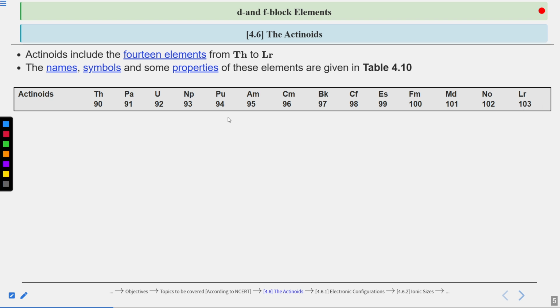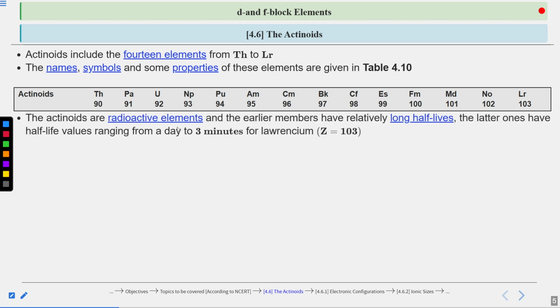So these are the 14 elements from thorium to lawrencium coming under the actinoid series. We have seen the names, symbols, and atomic numbers. Now we will see the properties.